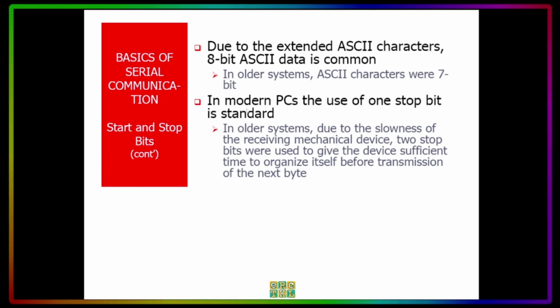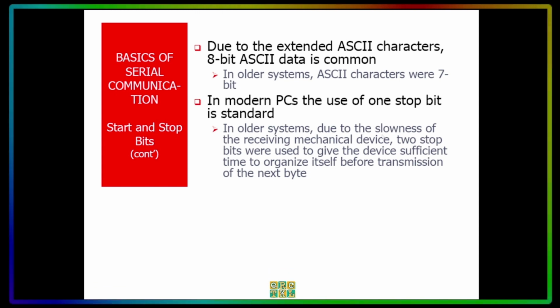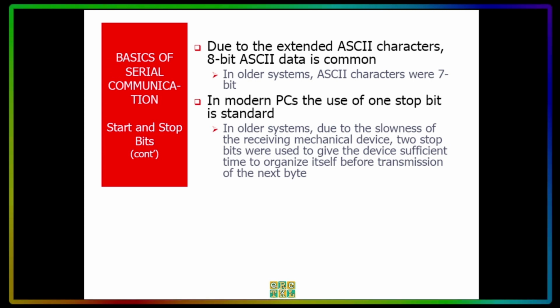In modern personal computers, the use of one stop bit is standard. In older systems, due to the slowness of the receiving mechanical device, 2 stop bits were used to give the device enough time to organize itself before sending the data or the bytes.